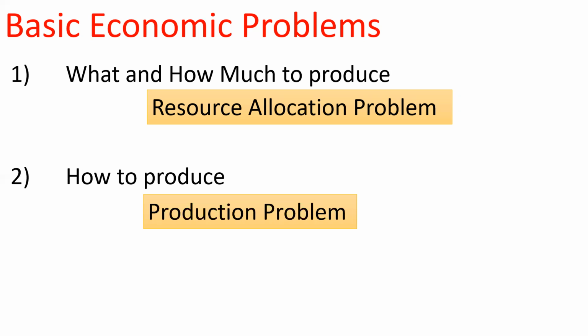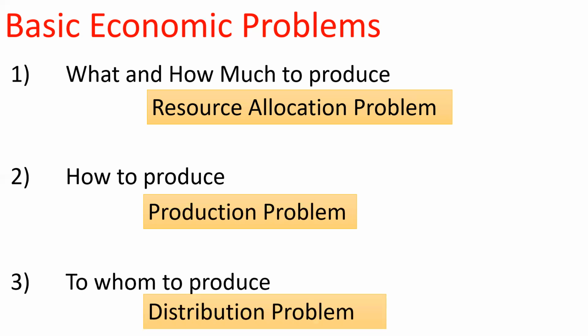There are two production methods, capital intensive and labor intensive. Which production method to be used? And then the third one, for whom? For whom are we going to produce goods and services? Who are the target customers? We call it the distribution problem: how to distribute the existing production of a country among the population.